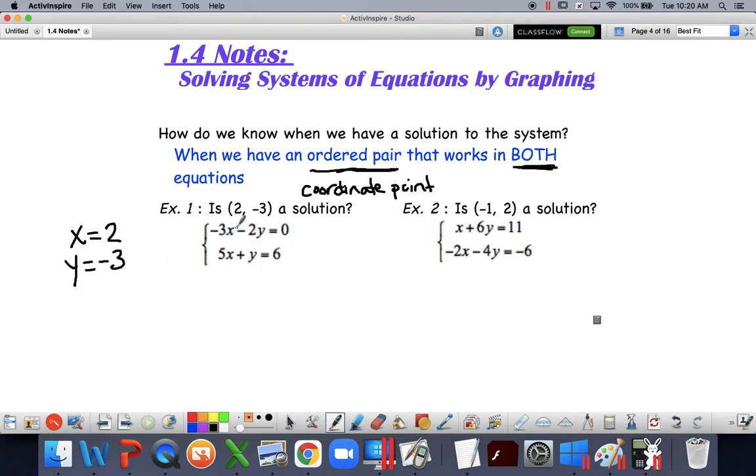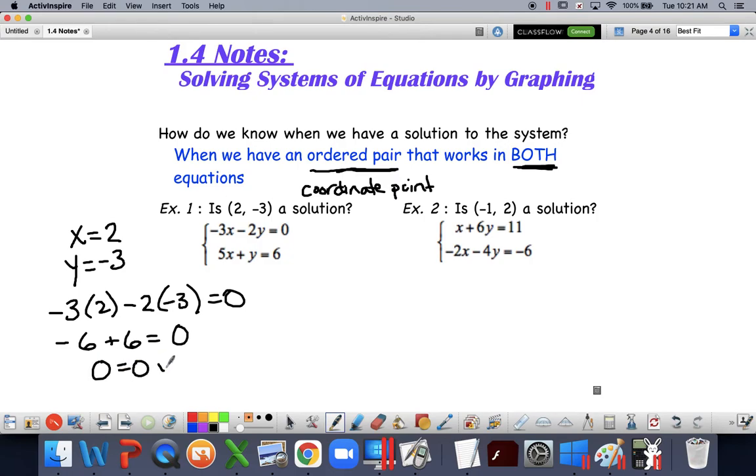So let's go ahead and plug in those values to our first equation. I have -3 times my x, which is 2, minus 2 times my y, which is -3, equals 0. I get -6 plus 6 equals 0. Is that a true statement? Yes, it is.